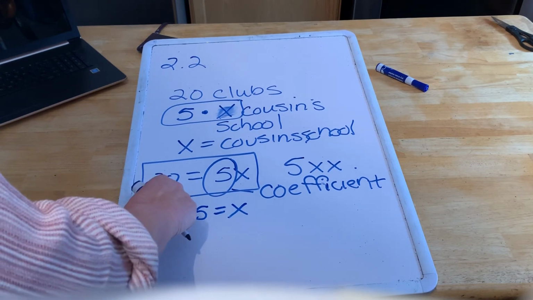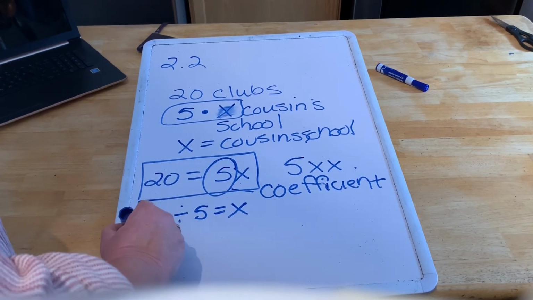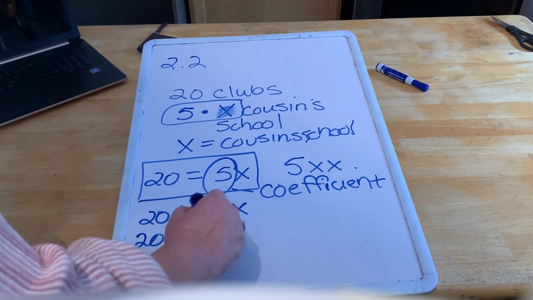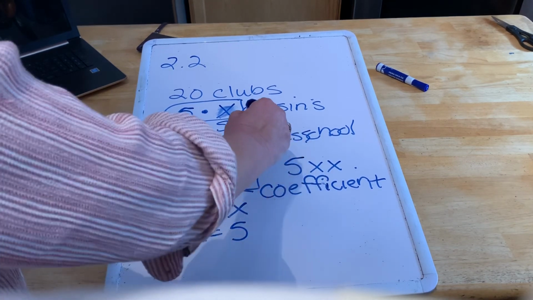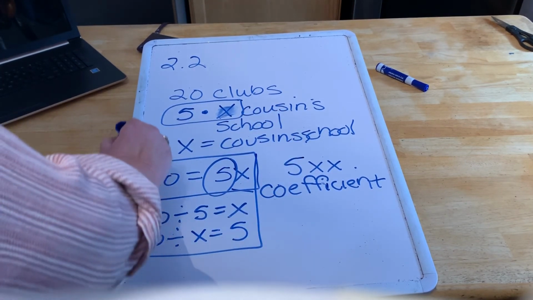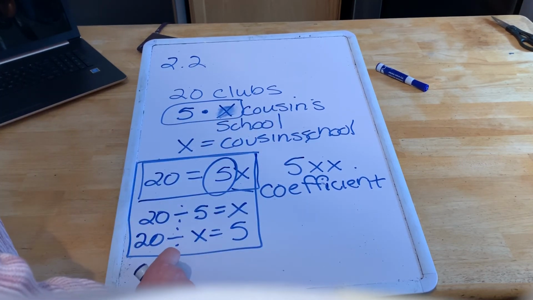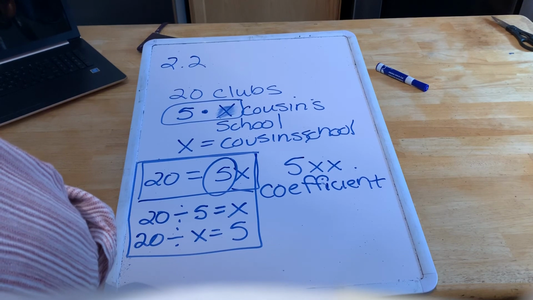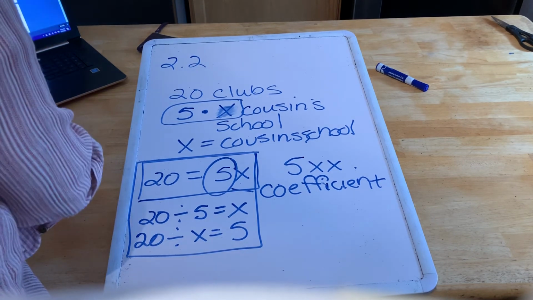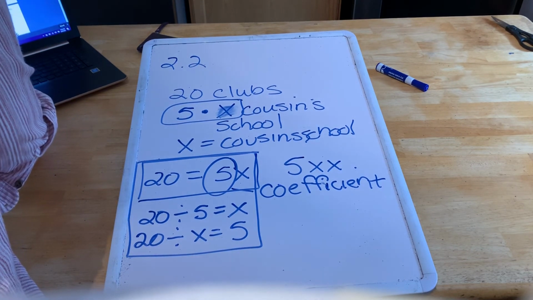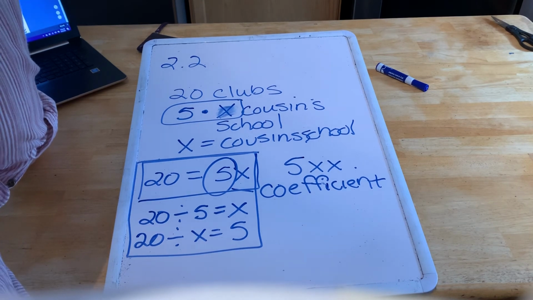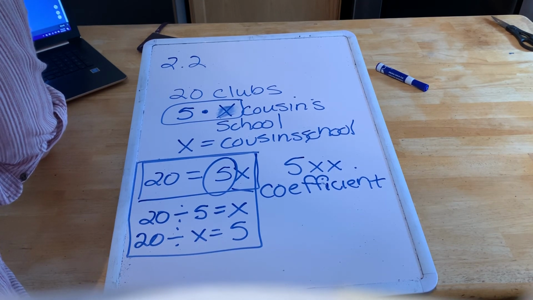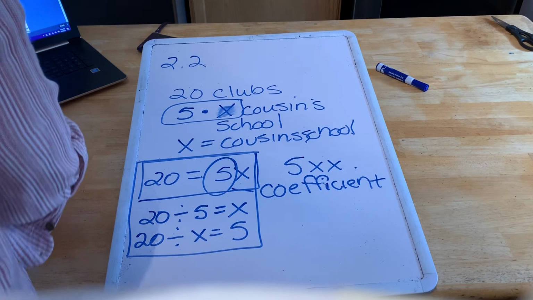If I divide 20 by x, I get 5. So these are the equations that I could use to identify that particular word problem. Okay, let's have you do number 3 on your own, and then we're going to move on to 2.3.